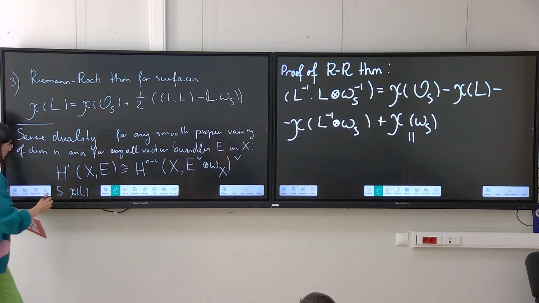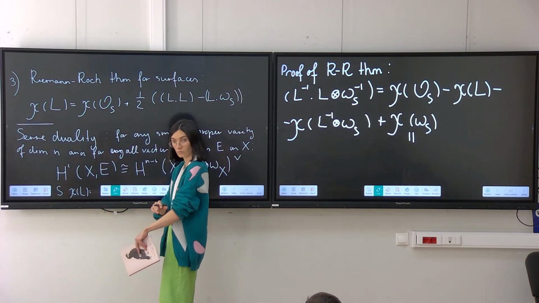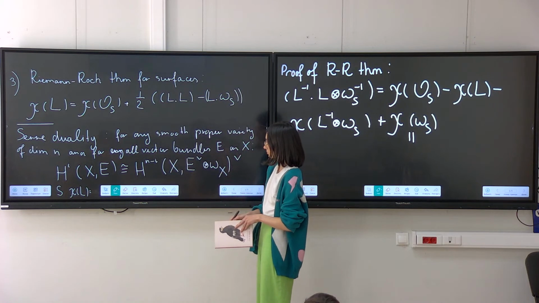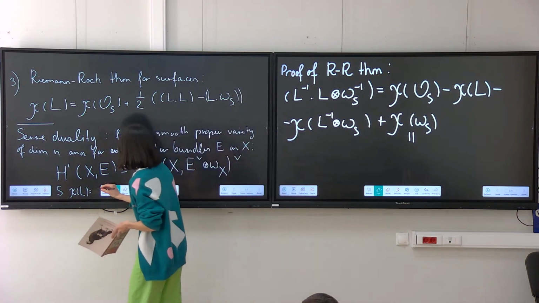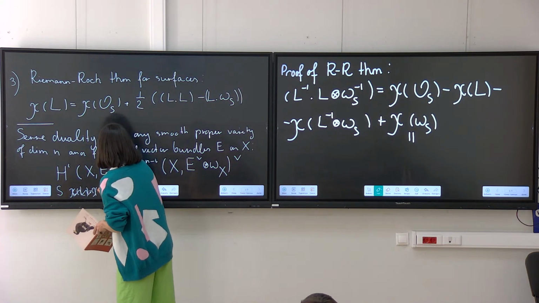The Euler characteristic of L is equal to the Euler characteristic of L inverse tensor the canonical sheaf.